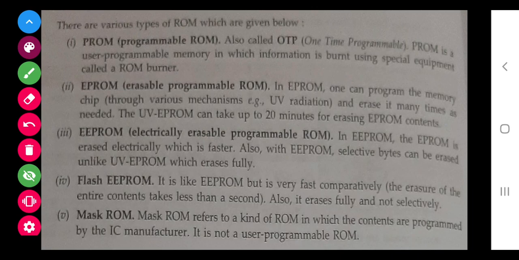Now PROM, EPROM, EEPROM, flash EPROM, mask ROM, these are all parts of the ROM. Nowadays we are all working with flash ROM and EEPROM in most computers, in which the information is erasable and programmable. So these are the parts.